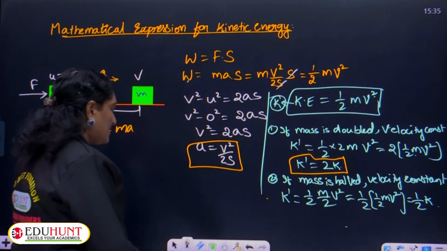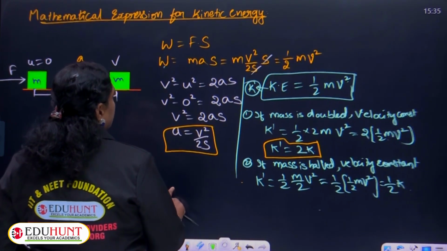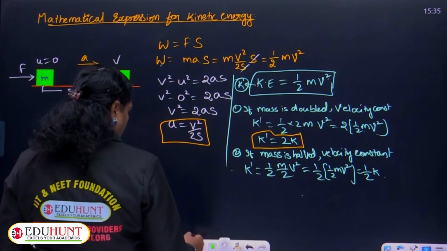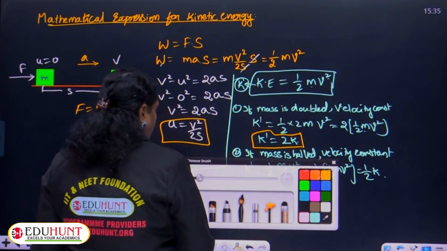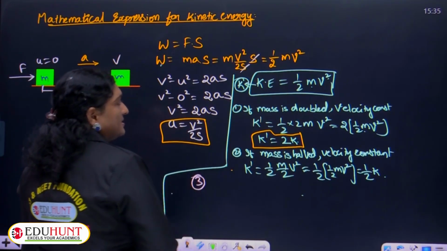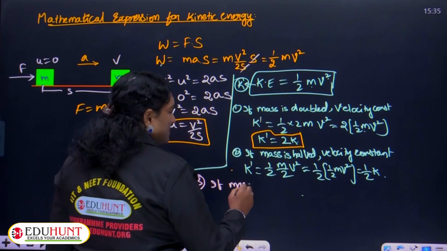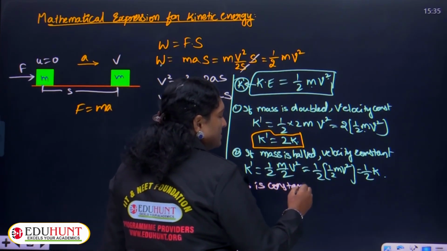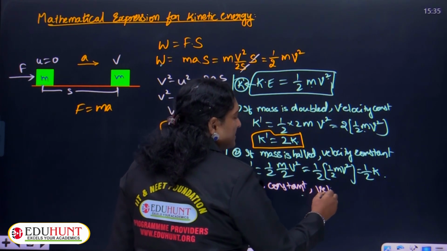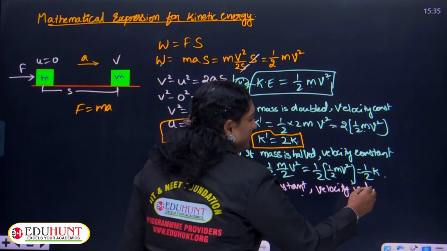Similarly, let us see what happens if mass is kept constant and velocity is changed. Let us see what changes we can observe. Case 3. Let us suppose the mass is kept constant, and the velocity is doubled.